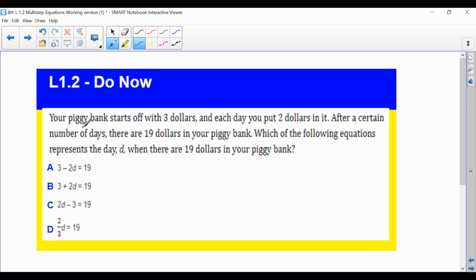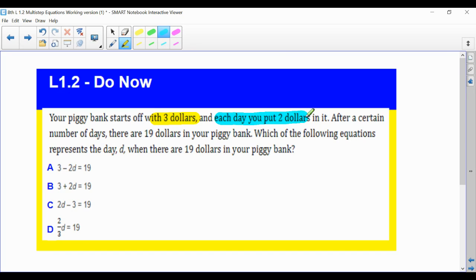Next one says, your piggy bank starts off with $3. Starts off with $3, not going to change. I wanted that to be yellow. $3 doesn't change. Each day you put $2 in it. So we have that word each again.